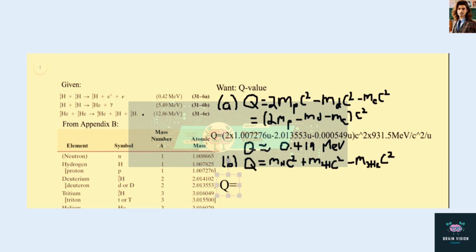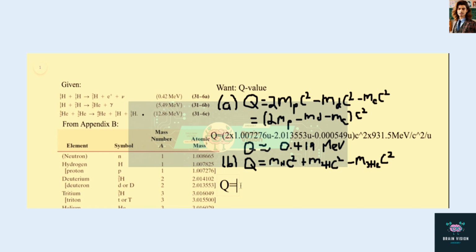But since electrons in this equation are balanced, that is, the nuclei on the left side of the arrow are each associated with an electron. So this side, if we're including electrons, we have 2 electrons, and the nuclei over here is also associated with 2 electrons. So we can add 2 electrons to both sides of the equation, and they cancel out. So that's why we were considering the mass of hydrogen here and not just the mass of the proton. Similarly for deuterium instead of just deuteron.